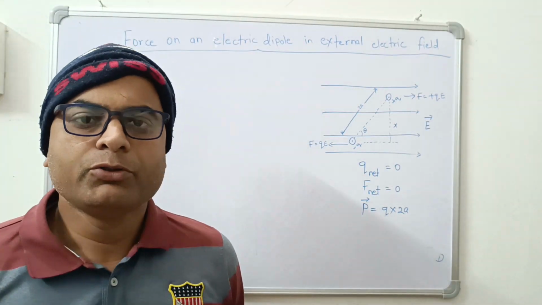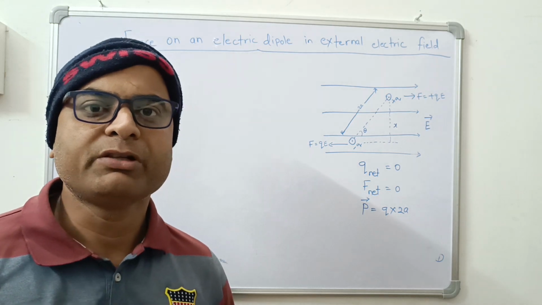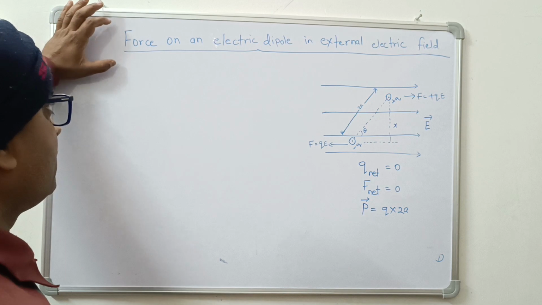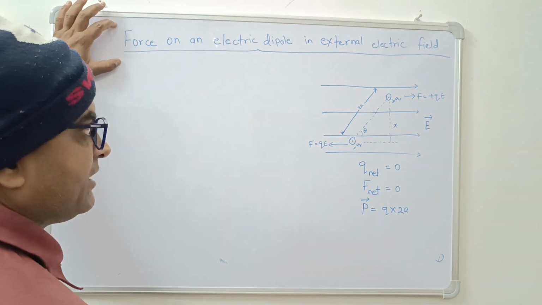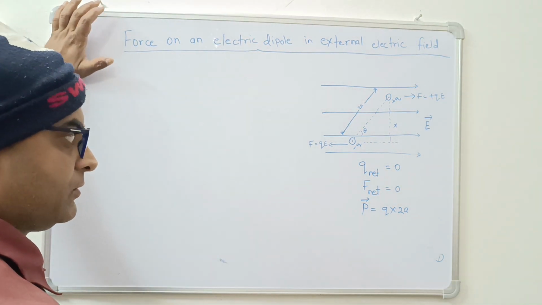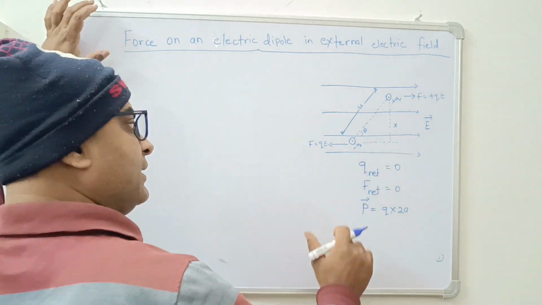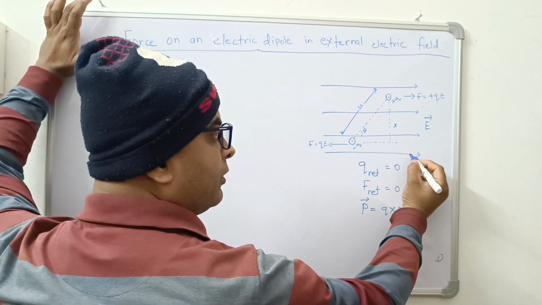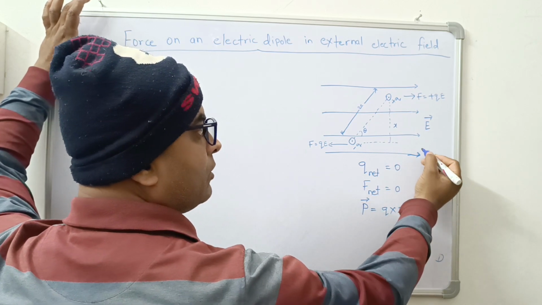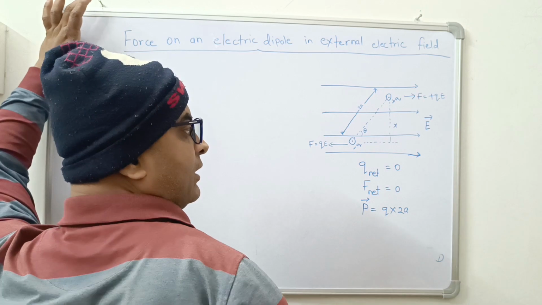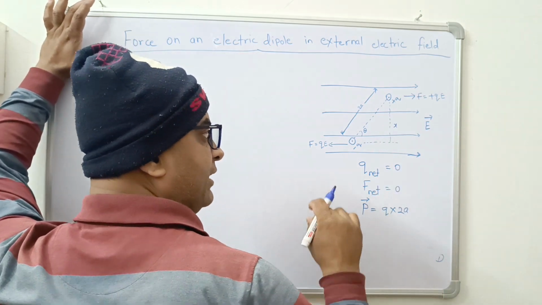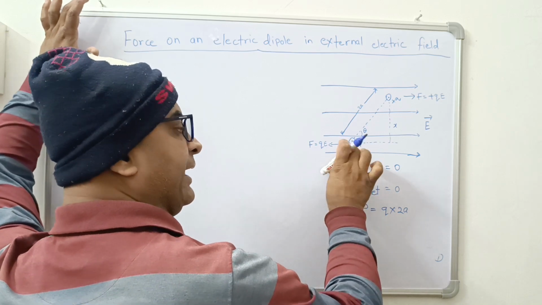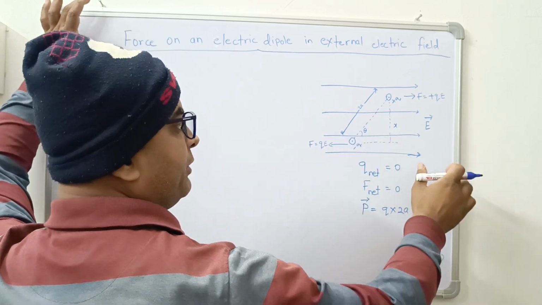Hello friends, I welcome you all to watch my new video on class 12 physics, and in this topic we are going to find out force on electric dipole in external electric field. As you can see in the figure, this is a dipole which has been kept in uniform electric field lines, in which the electric field lines are equidistant and have the same magnitude everywhere.